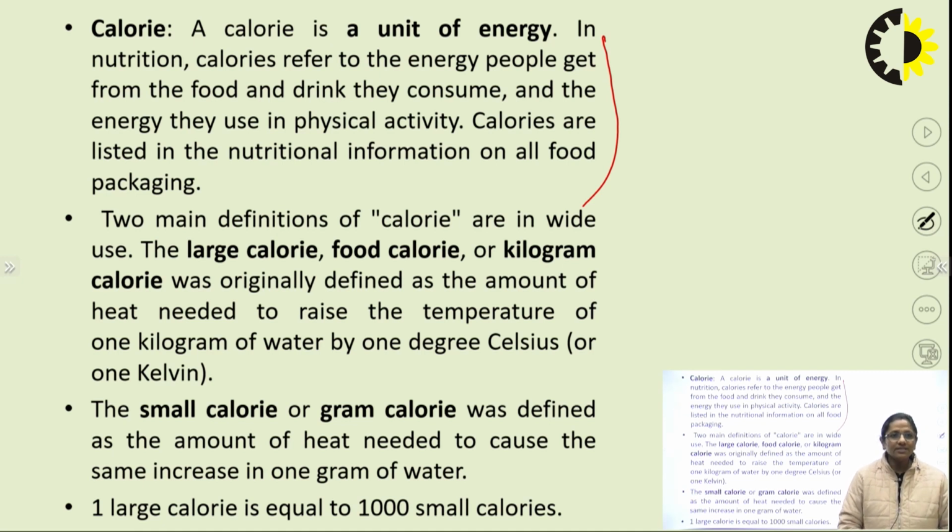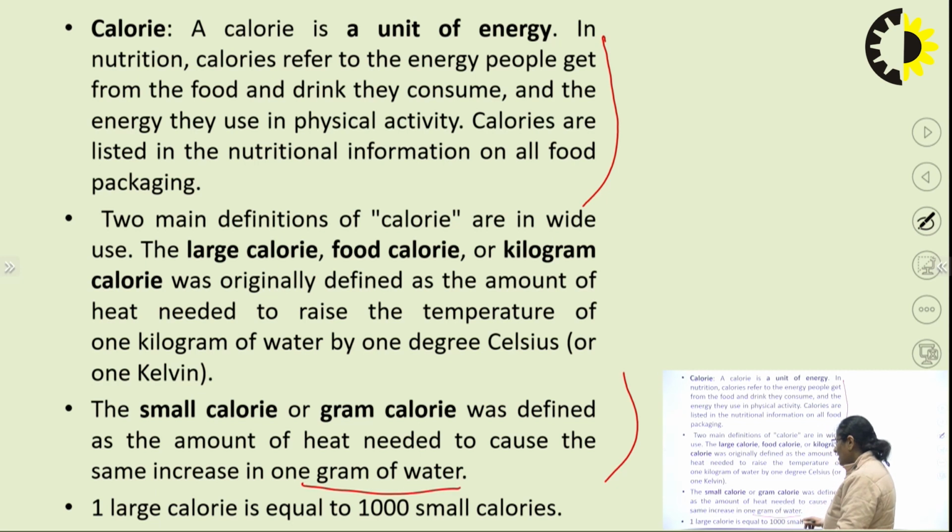They were originally defined as the amount of heat needed to raise the temperature of 1 kilogram of water by 1 degree Celsius or by 1 Kelvin. The small calorie or gram calorie was defined as the amount of heat needed to cause the same increase in 1 gram of the water.